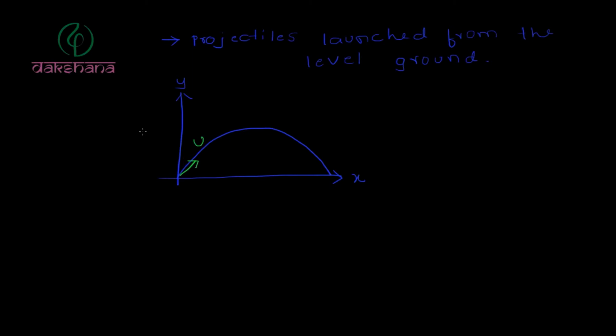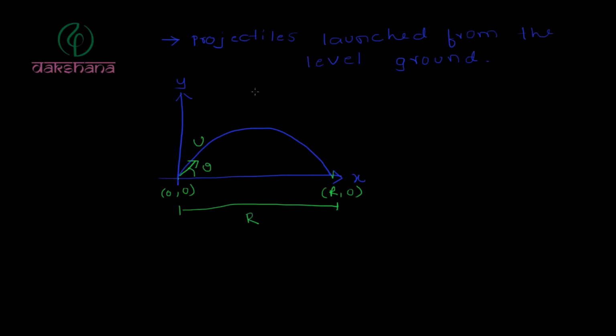The velocity is u and the angle is theta. If I take this as my reference, this will be 0, 0. Let's assume the maximum horizontal distance is denoted by r, that is the range. This is my range from here up to here.